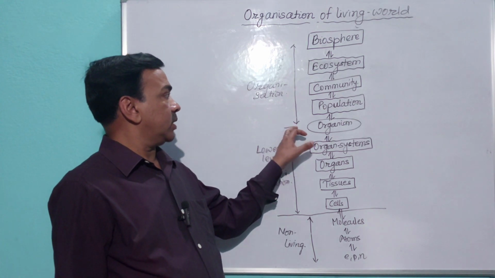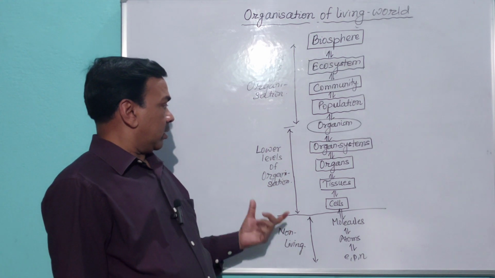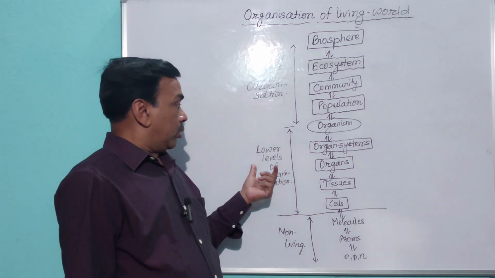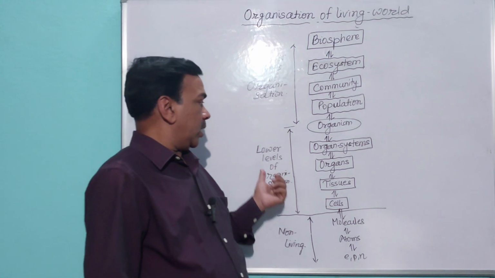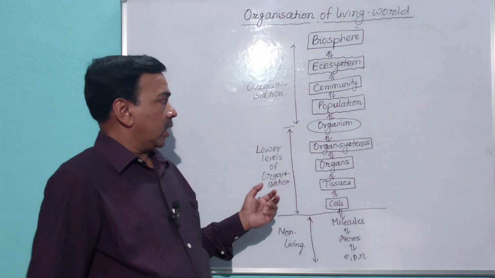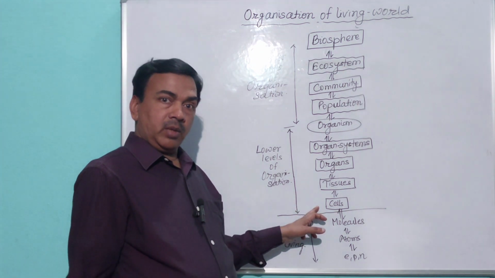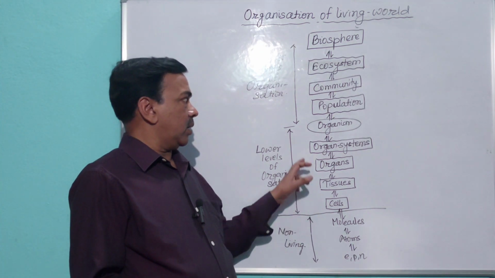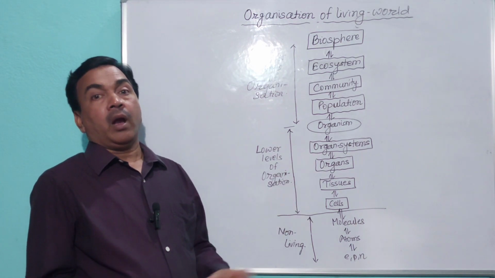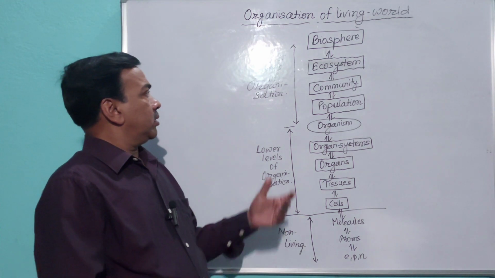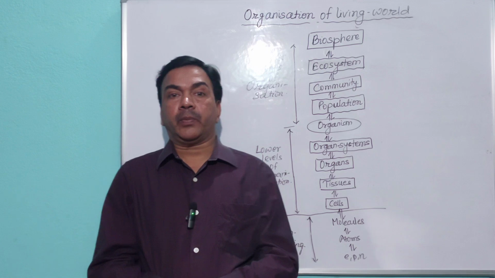An organism is the uppermost layer of the lower level of organization. The lower level of organization consists of the lowermost living level, that is cell, and the uppermost living level, that is organism. Now we will proceed into the higher levels of organization.